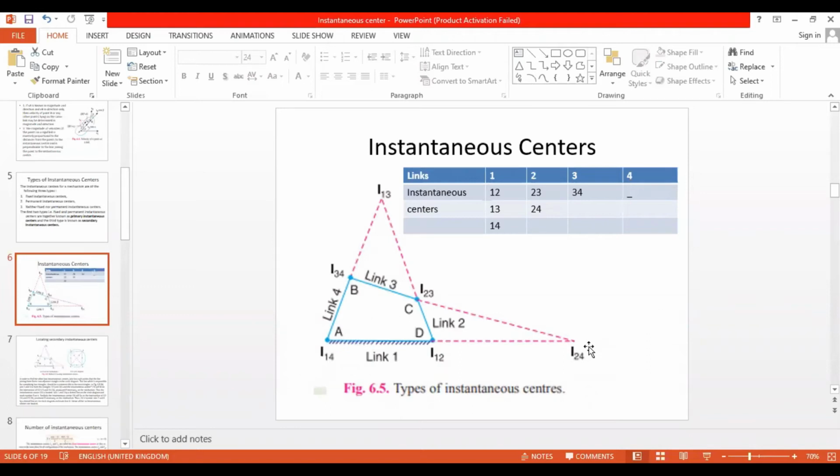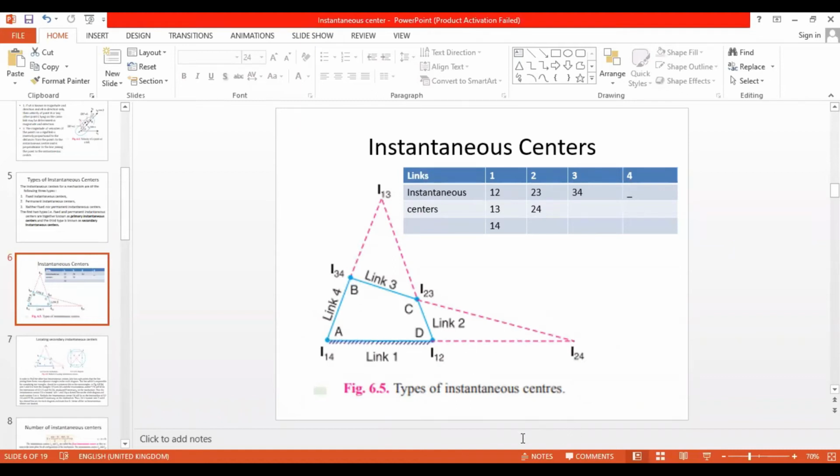So we'll see how to locate them. These four you can locate easily, since the joint joining the links is the instantaneous center. For these two, we need to project all 4 links.